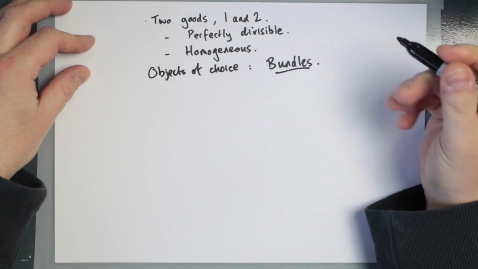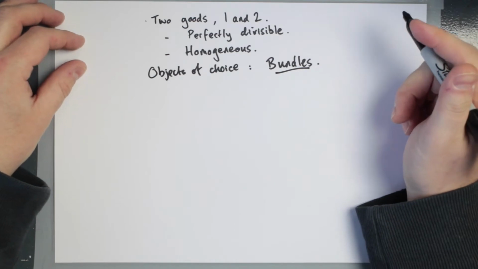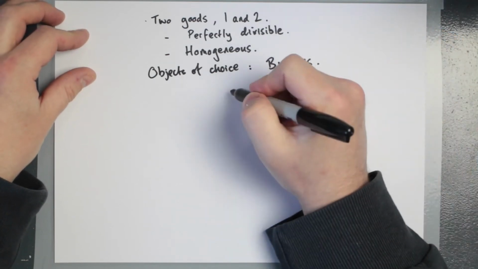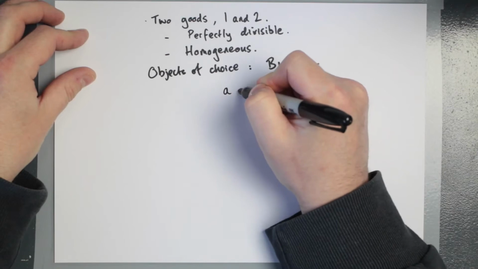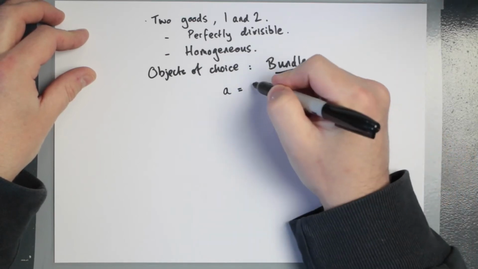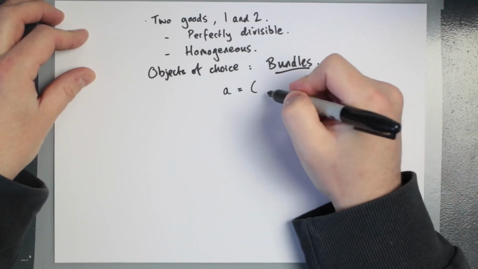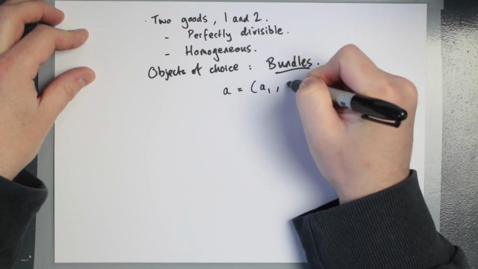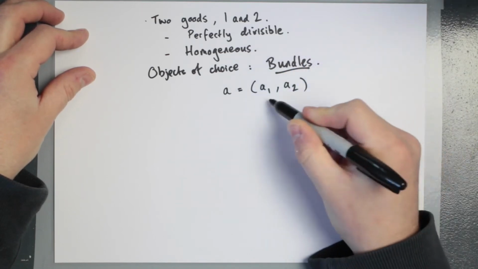Okay, so a bundle, sometimes it's called a basket of goods. So a bundle, which will denote something like this, A is a bundle, and it's a 2-dimensional object. So A1 and A2, it's described by 2 numbers.